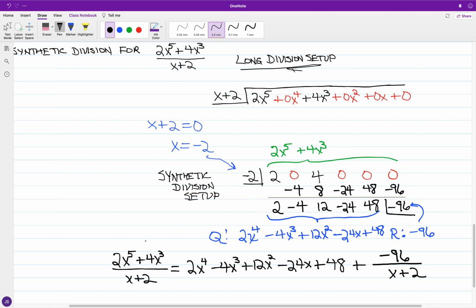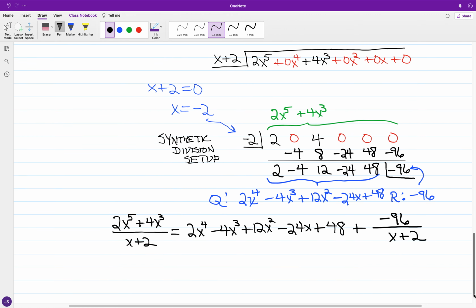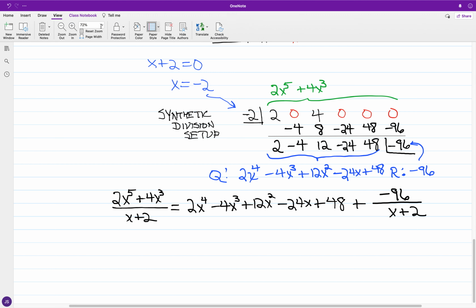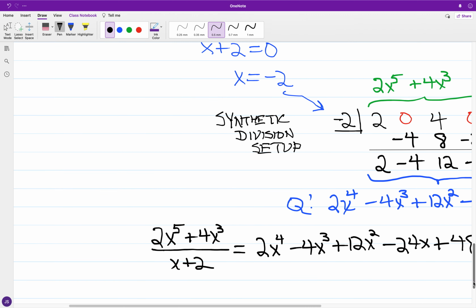Okay, now for the set of problems I said to be looking into, on page 279, here we're looking at starting out with the long division approach, and in this case problem number 12.